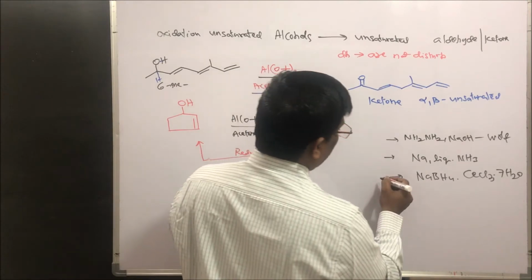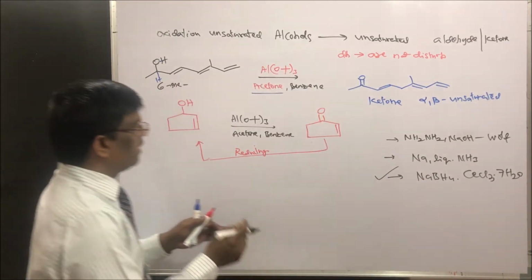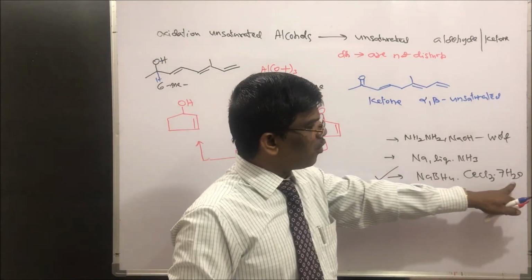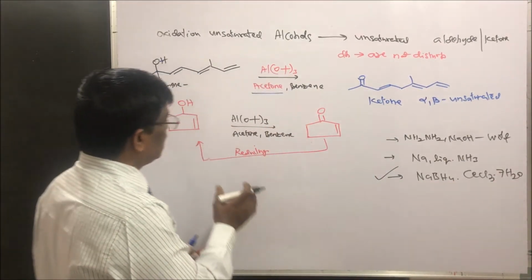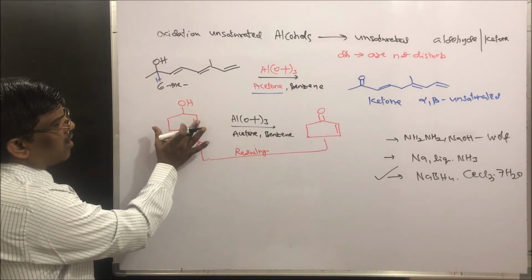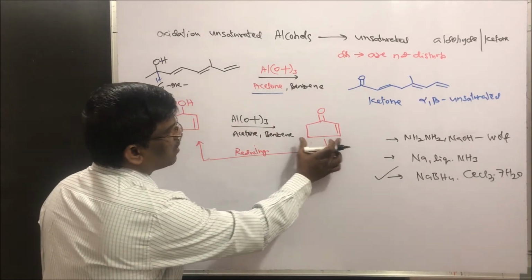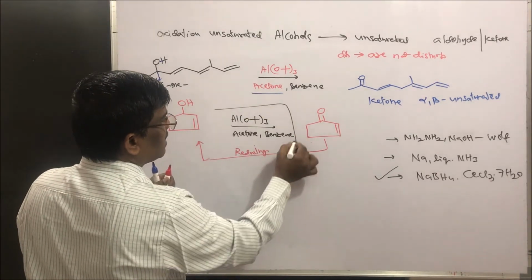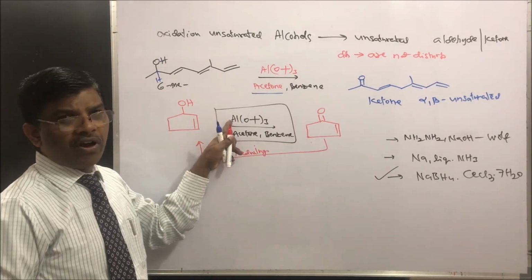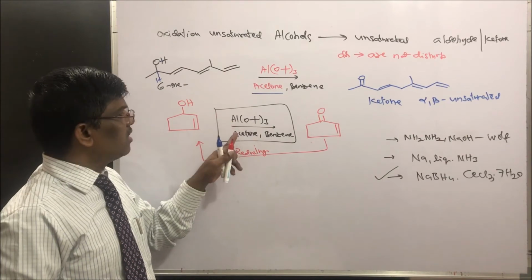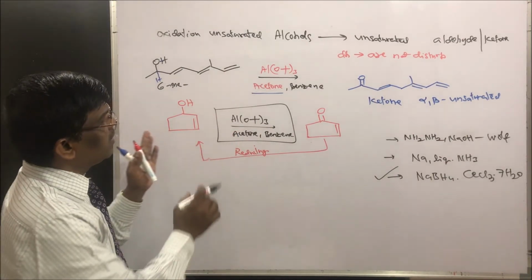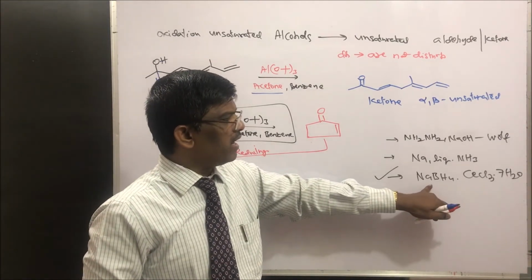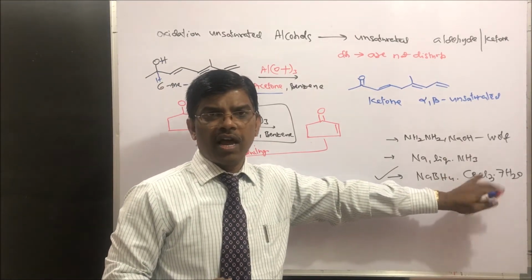Among these, the correct option is sodium borohydride in presence of cerium chloride heptahydrate, where it is not going to disturb the double bond. So, for alpha beta unsaturated alcohols to ketones without disturbing the alpha beta unsaturation, the best reagent is the Oppenauer oxidizing agent. Yes, choose this oxidation. If the same question is asked in reverse manner, you can use sodium borohydride, cerium chloride heptahydrate.